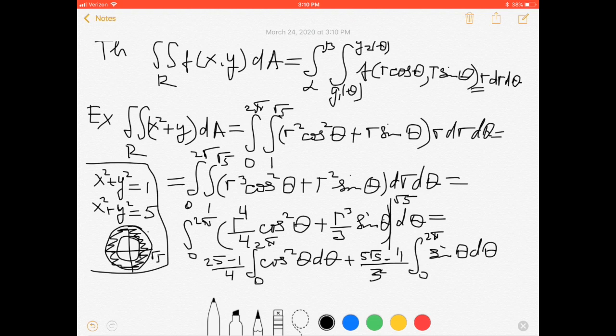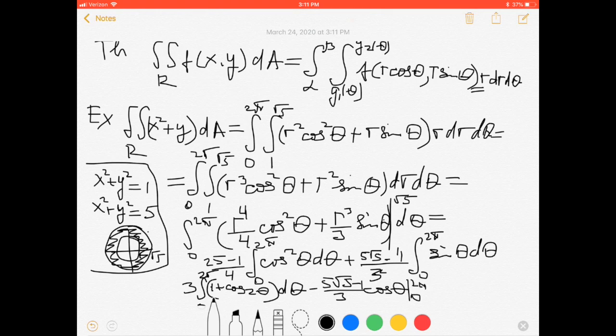This means 1 plus cosine 2 theta over 2. And finally 25 minus 1 is 24, over 8, so we have 3 times the integral of 1 plus cosine 2 theta d theta from 0 to 2 pi, plus, integrating now, minus 5 square root of 5 minus 1 over 3 cosine theta.